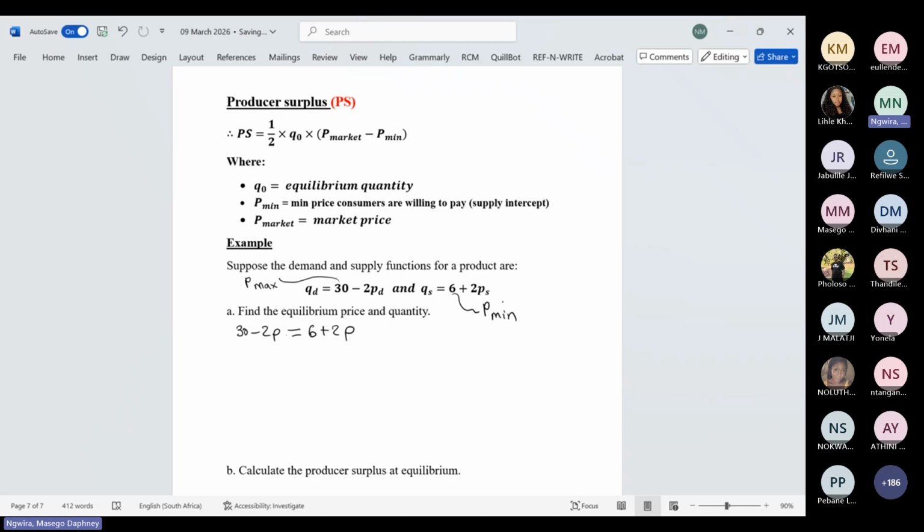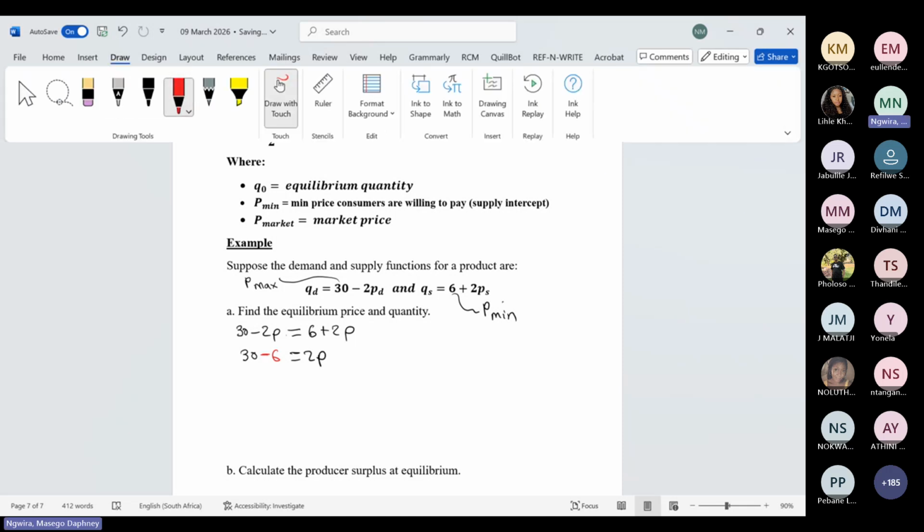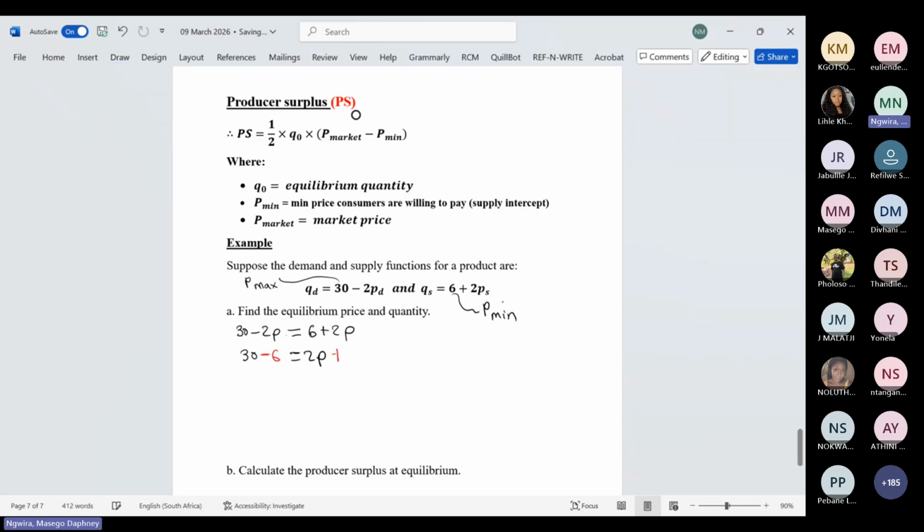And then we solve for P. We take the 6 to the other side, it becomes minus 6, and the 2P from the right to the left becomes a plus 2P.